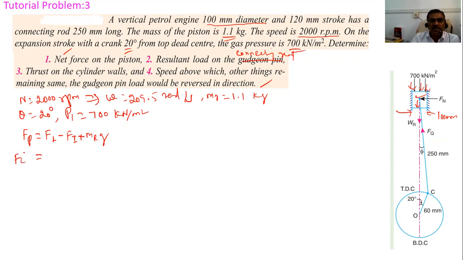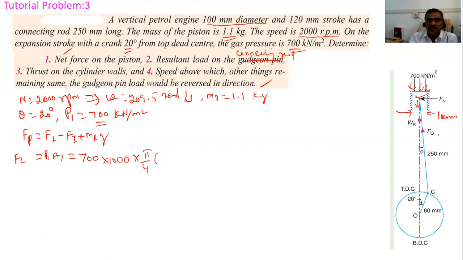To find the value of FL, P2 and A2 are not given in the problem. So then the equation is P1A1. P1 value is 700, given in kilonewton, so multiply with 1000, that is Newton per meter square. Multiplied by area, you have to put in meter square, that is pi by 4 d square.